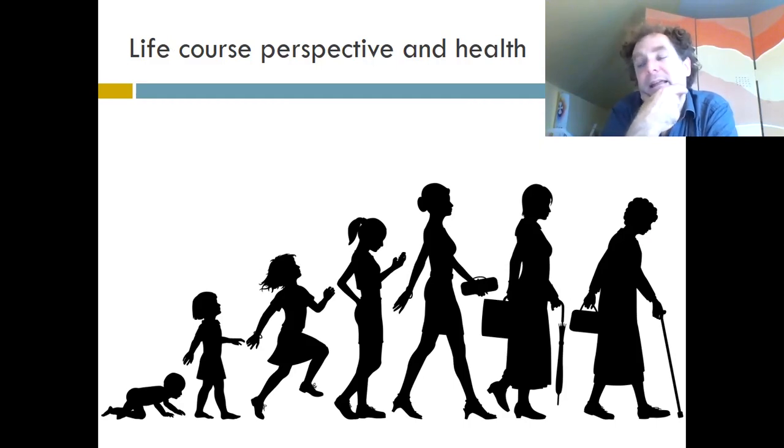Whereas somebody, in the reverse, at the bottom of the economic ladder, who has to buy cheap food, has more stress in their life, has fewer visits to the doctor, is going to be, over their life course, less healthy.